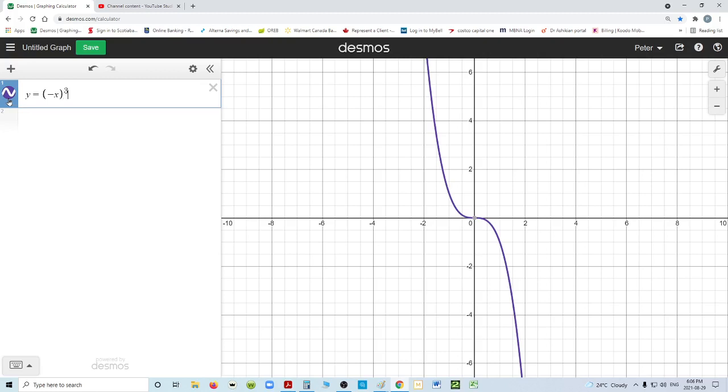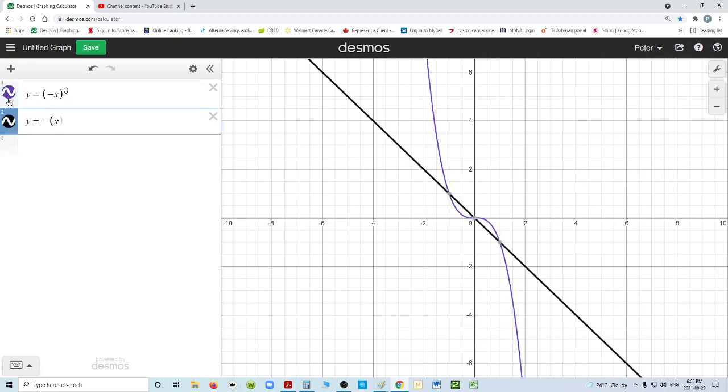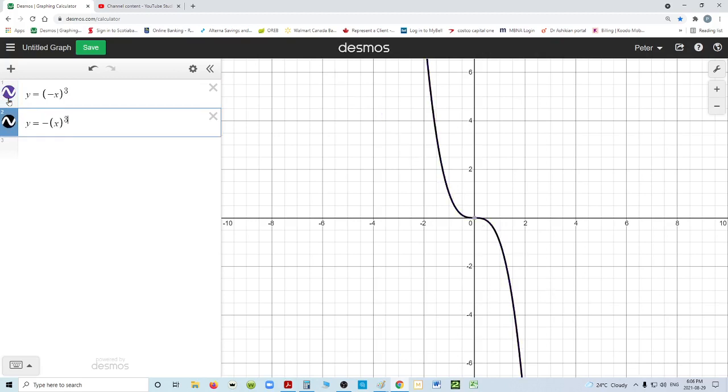See, they look the same. It's simply because one is reflecting in the x-axis and one is reflecting in the y-axis, but you can't tell. Whereas when it's an even function, they look vastly different.